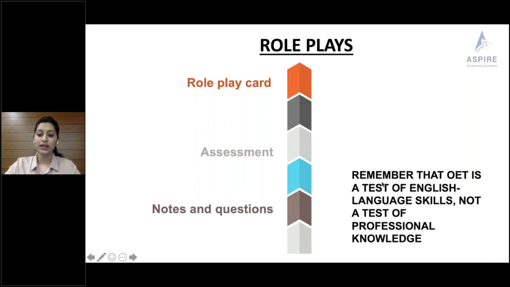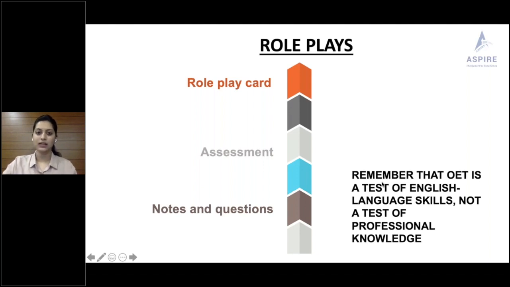Please remember that OET is a test of English language skills and it is not a test of professional knowledge. Having said this, you might have a few questions, like if the task needs you to tell the patient about a management plan or address concerns, or discuss a topic in detail.